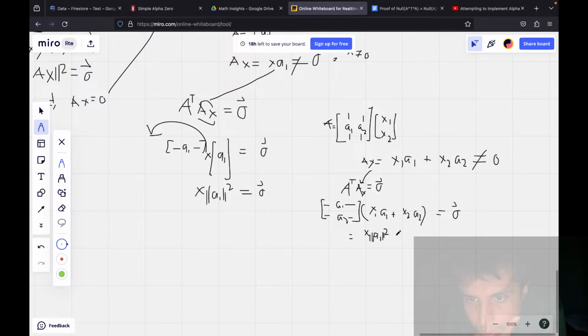But the problem is plus x2, and the first entry of this would be a1 dot a2. Oh, I have a good observation. In the case that a1 and a2 were orthogonal, orthogonality hits again, then we could zero it out. That'd be really nice.